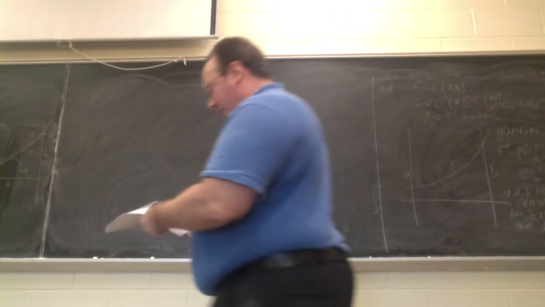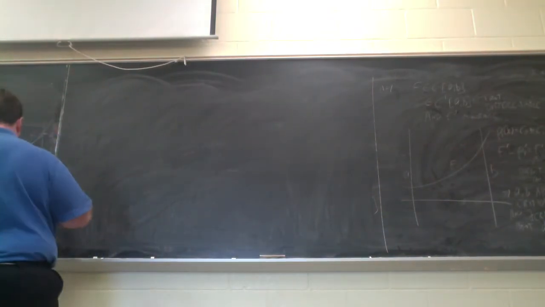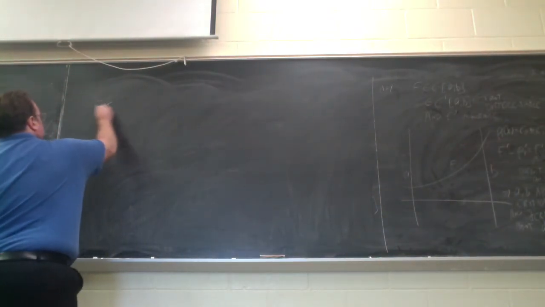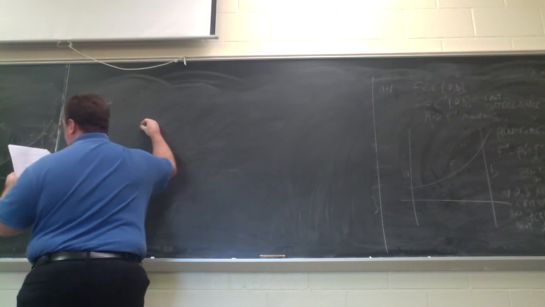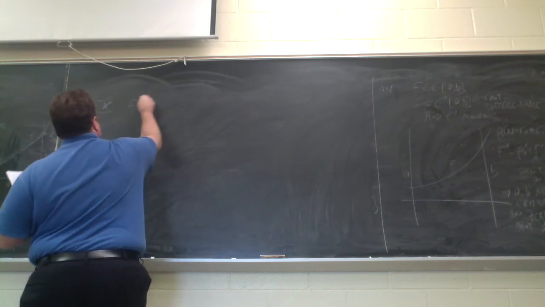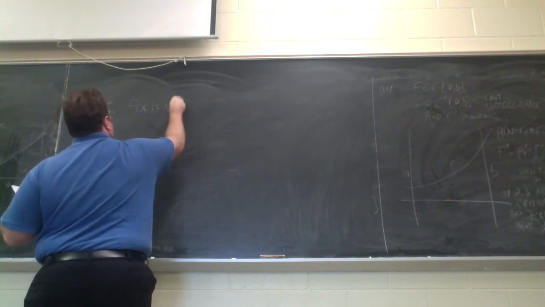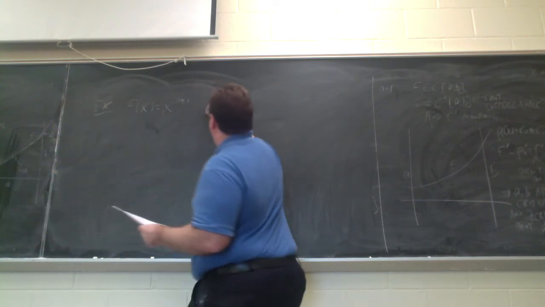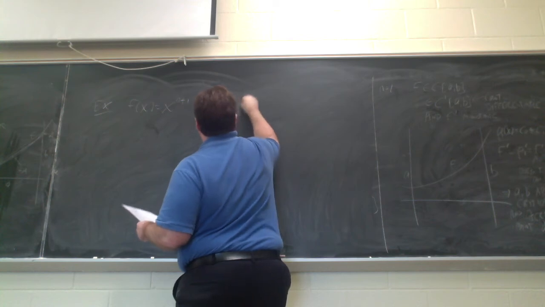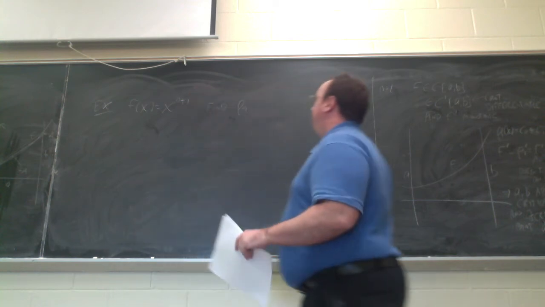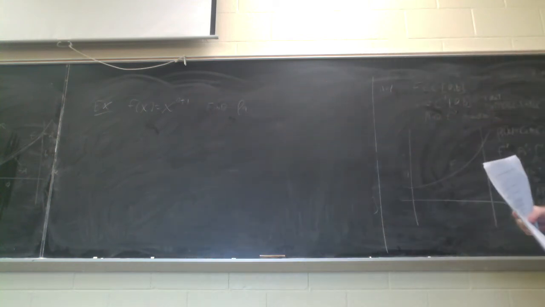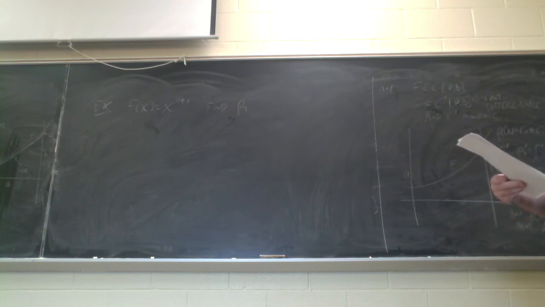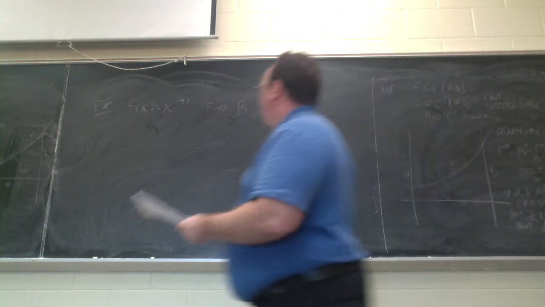All right, so my next example can show you the minimax. Suppose my function is x to the n plus 1, and I want to find the minimax polynomial of degree n. It turns out I can just write down what it is.